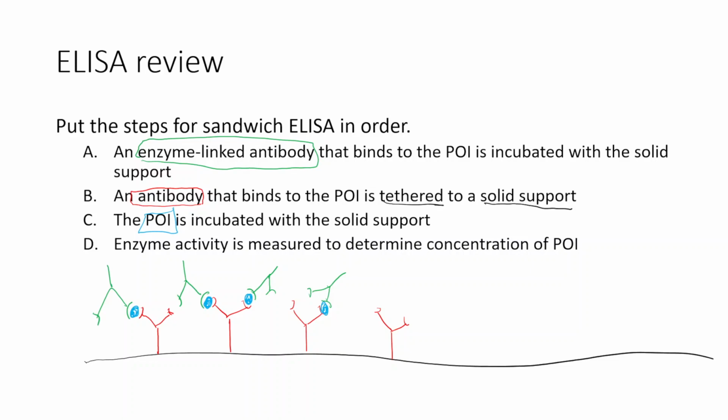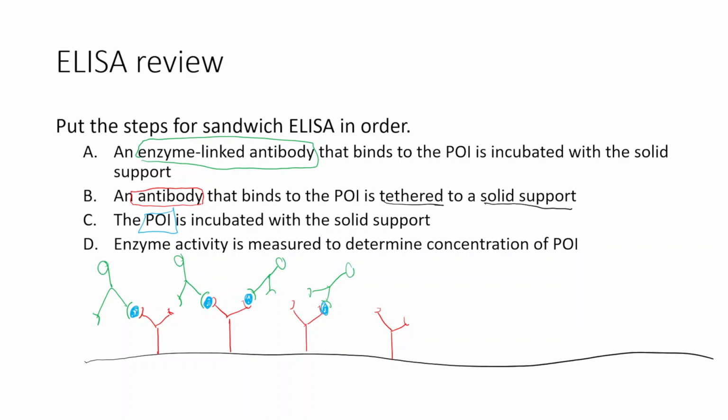If we don't cover all of our protein of interest with this enzyme-linked antibody, we won't be able to measure it, right? So we want to make sure we have more than enough of both of our antibodies compared to our protein of interest. And then we wash away any extra that doesn't stick to the protein of interest. So our antibody has a little enzyme linked to it.